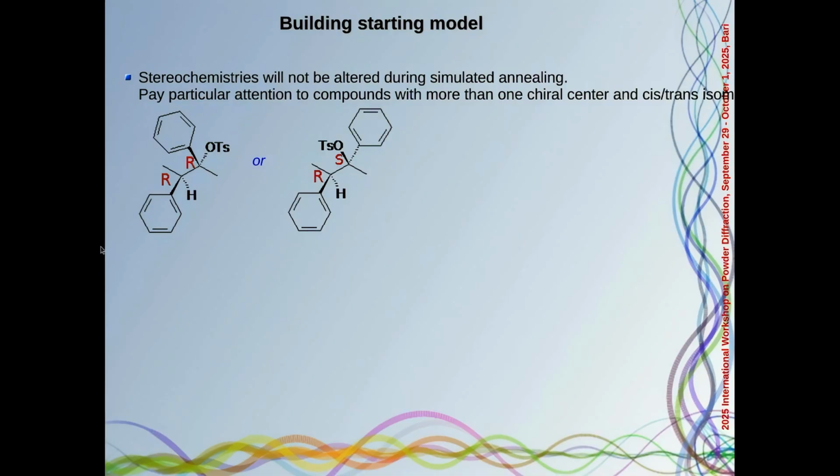So if I have, for example, this model with two chiral centers and I don't know the configuration of the chiral centers, I have to test these diastereoisomers. It's not necessary to test both SS and RR, or SR and RS, obviously, because with powder diffraction it is not possible to distinguish between RR and SS. So I have four possibilities, but I have to test for structure solution only two diastereoisomers.